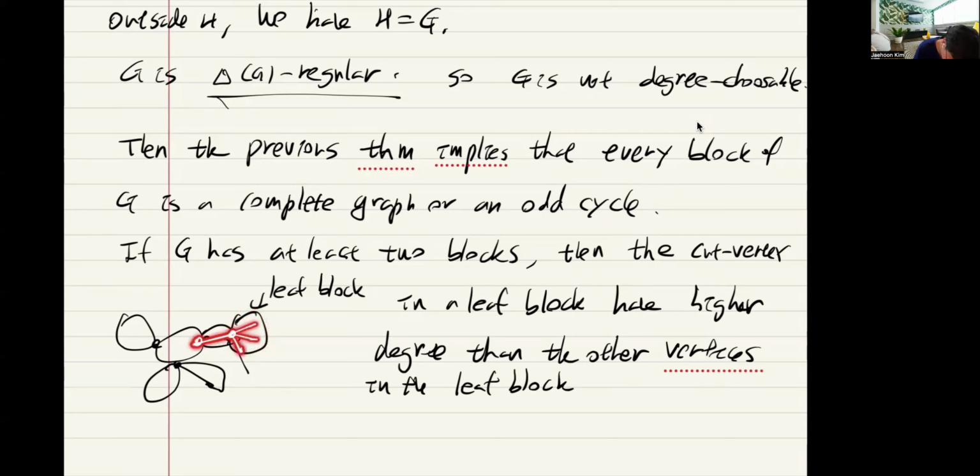Inside, you have, say, three edges, and here also three edges. We know that this block is either a complete graph or an odd cycle. So this vertex and this vertex have the same degree.